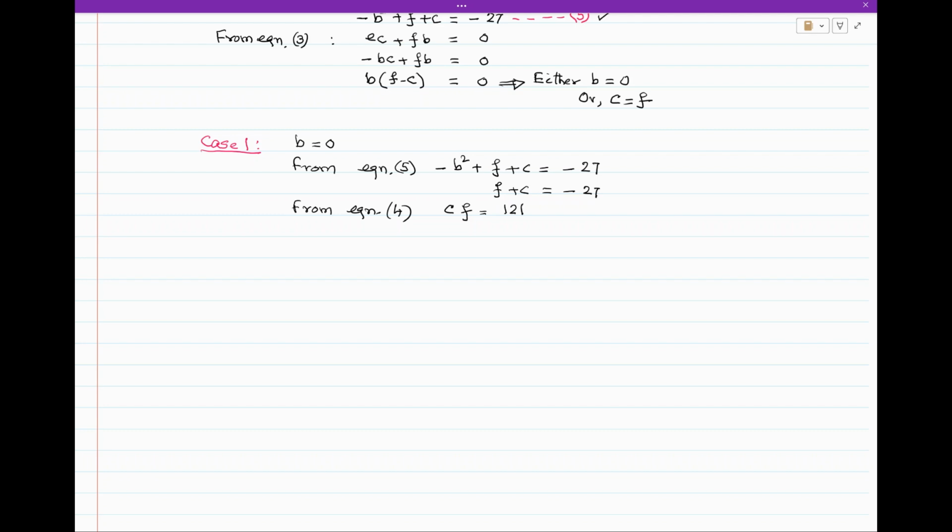Therefore, F is equal to 121 by C. Putting this value of F in this equation, we get F plus C is equal to minus 27.